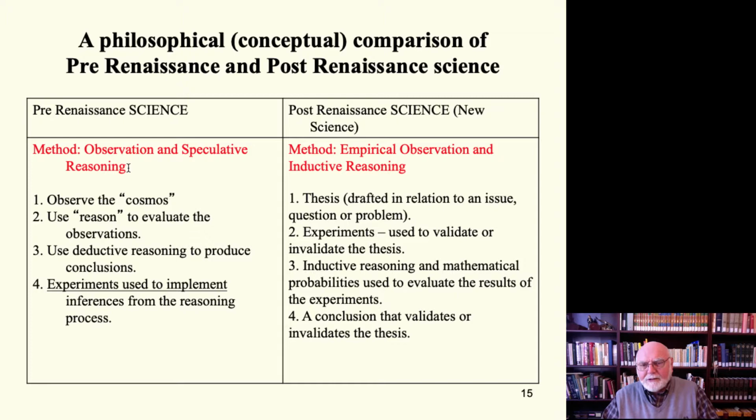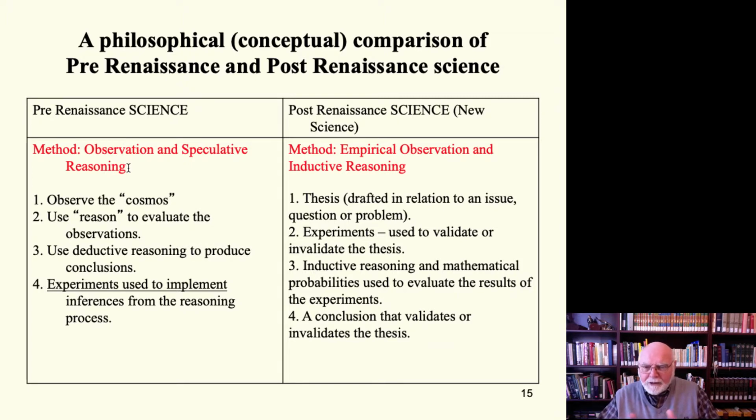You come up with a thesis. It's drafted in relation to an issue, a question, or a problem. And then you design a series of experiments to validate or invalidate the thesis. Part of the design involves the number and type of experiments you'll conduct that give you a confidence in your conclusion.